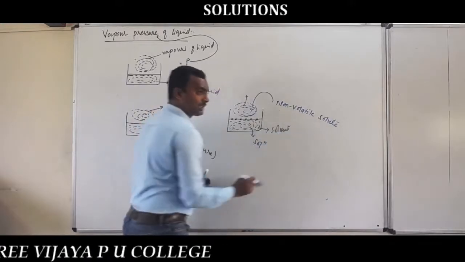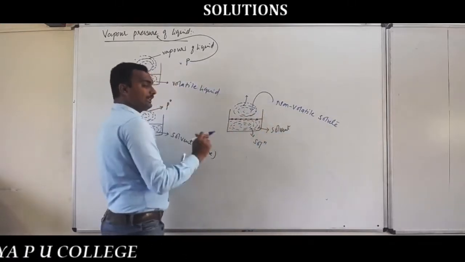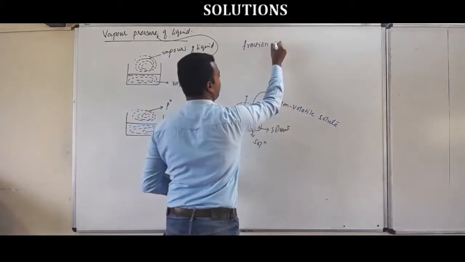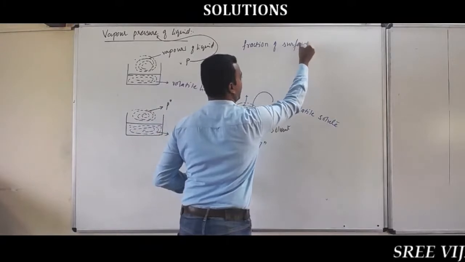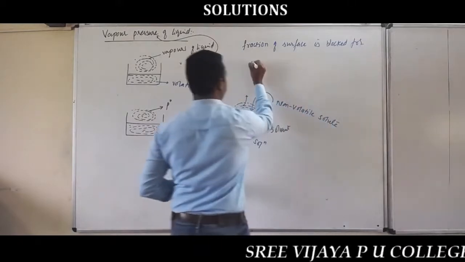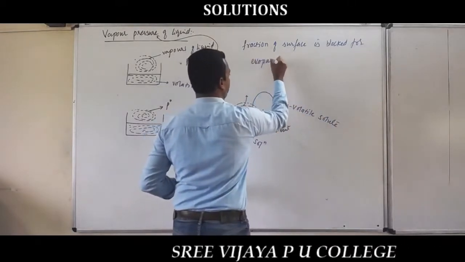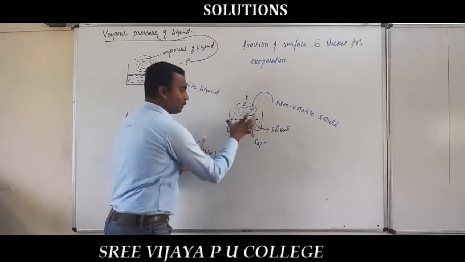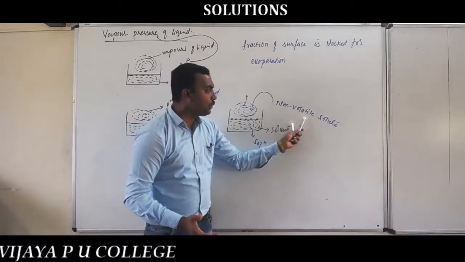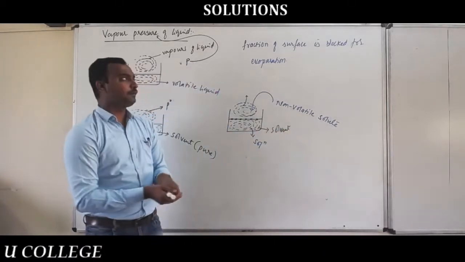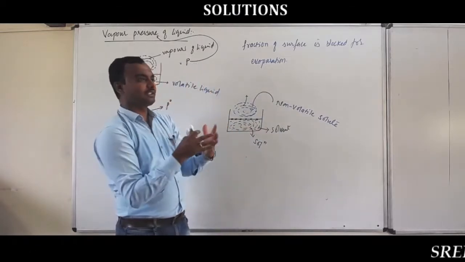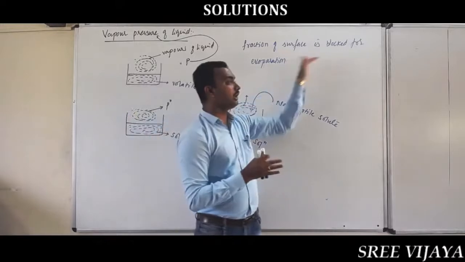These non-volatile solutes occupy the surface, so a fraction of the surface is blocked for evaporation. That is, a small amount of the total surface is blocked for evaporation.